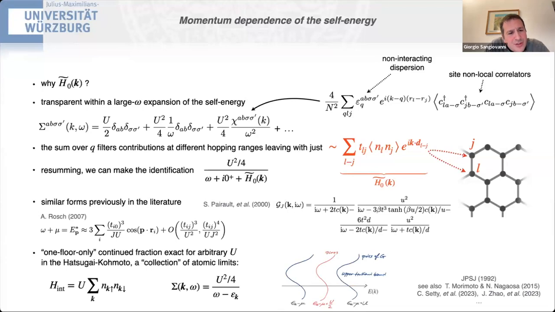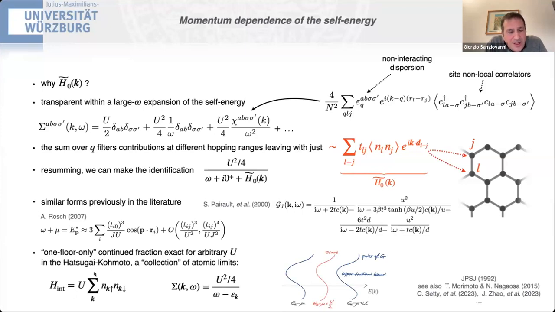I want to mention also something that is now quite popular at the moment, which is the Hatsugai-Kohmoto interaction, which is a particularly strange interaction in terms of physics because it's infinite range and entirely local in K, as you see here.